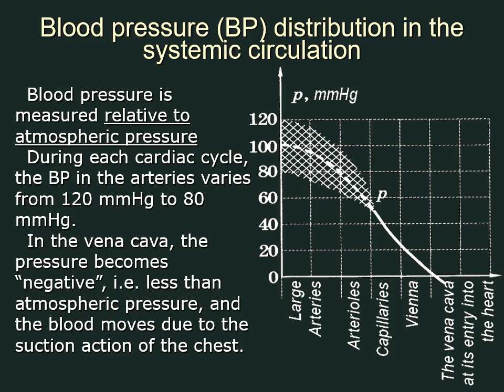Here is a graph of the distribution of blood pressure in the large circle of blood circulation. And before we start analyzing the graph, pay attention to this point, that is, point 0 on the graph. It's not an absolute vacuum, it's just atmospheric pressure.